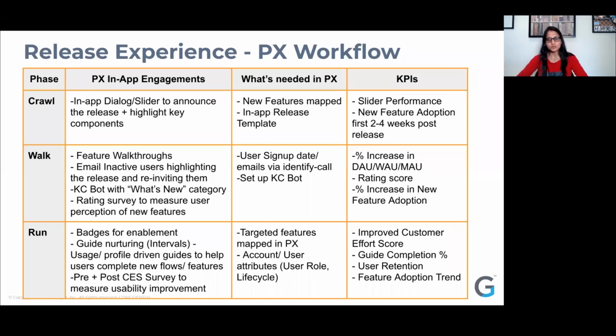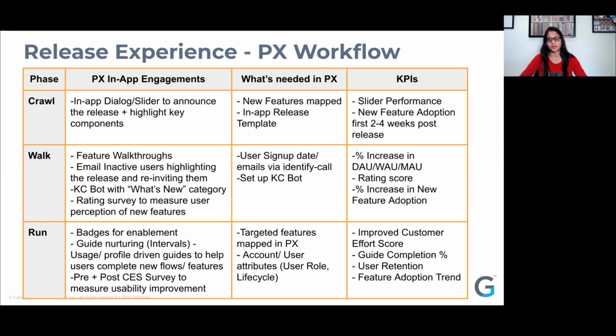So this specific slide really talks about what you should think of if you wanted to get started with something like this in your release experience or release cycle. If you're already doing some of what is mentioned in the crawl, what elements from walk, or some elements from walk and some from run, can you incorporate?